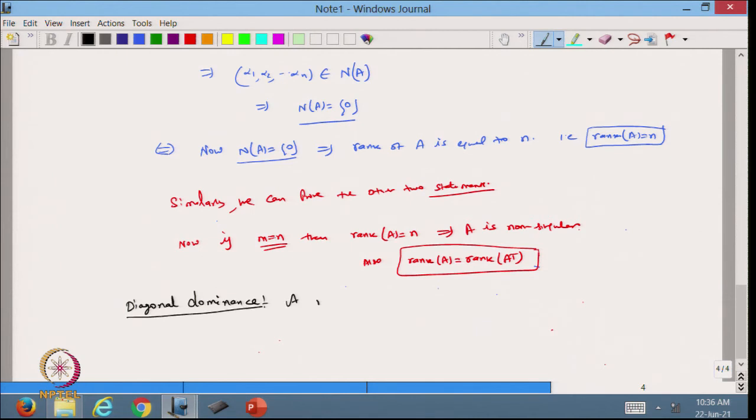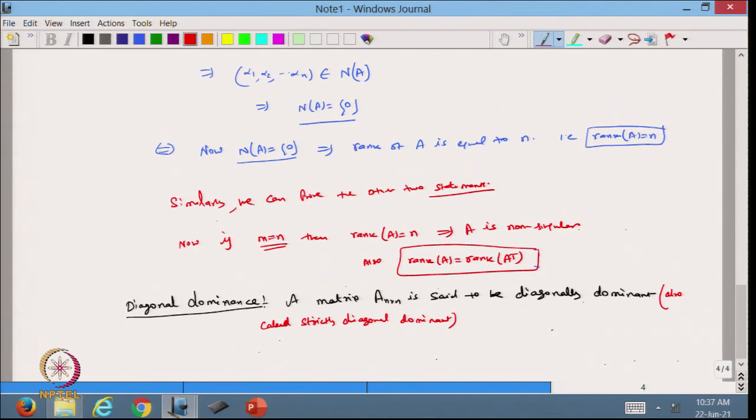A matrix A of order n cross n, so I am talking about the square matrix, is said to be diagonal dominant, or in some books it is also called strictly diagonal dominant.